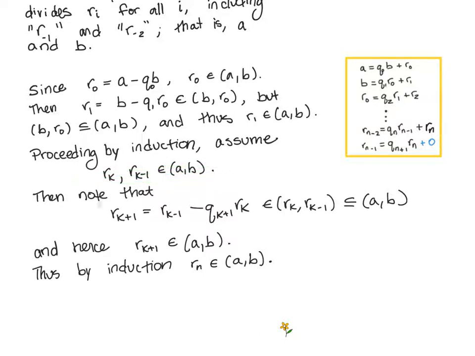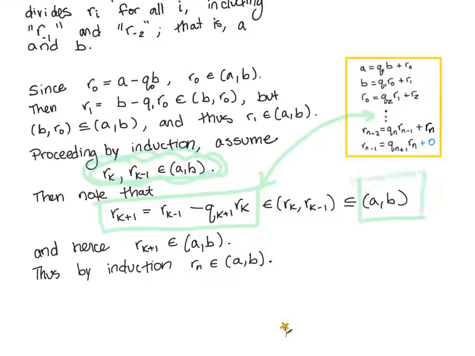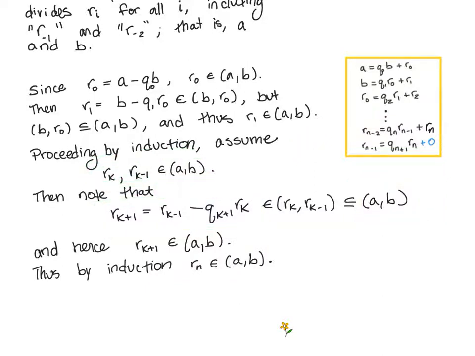Just doing the same arrangement we did before, rewriting that k plus first remainder in terms of the previous remainders, we see it's a linear combination of the previous remainders. It's in the ideal generated by r_k and r_{k-1}, but our induction hypothesis is that those two elements are in the ideal generated by A and B, and so that ideal is a subset of the ideal generated by A and B. Hence, r_{k+1} is in the ideal generated by A and B.